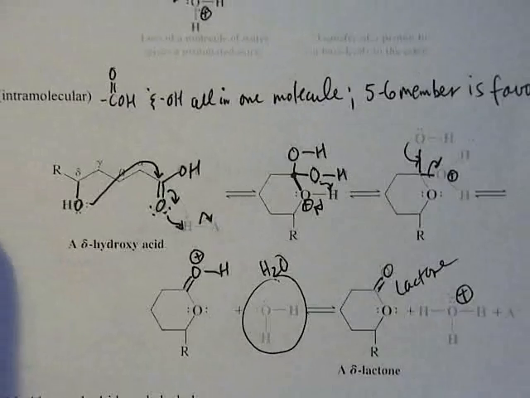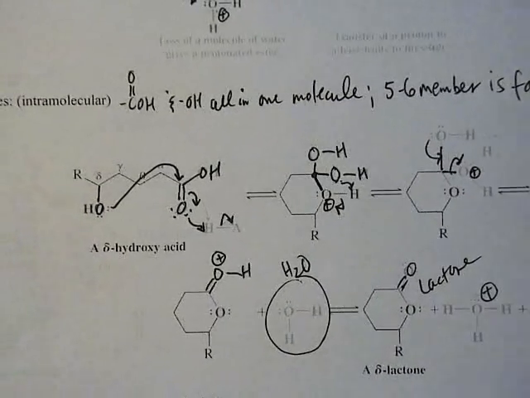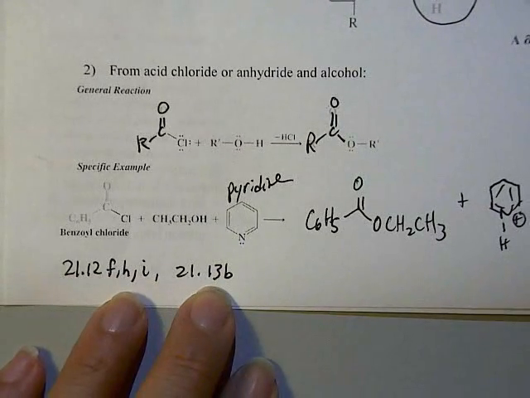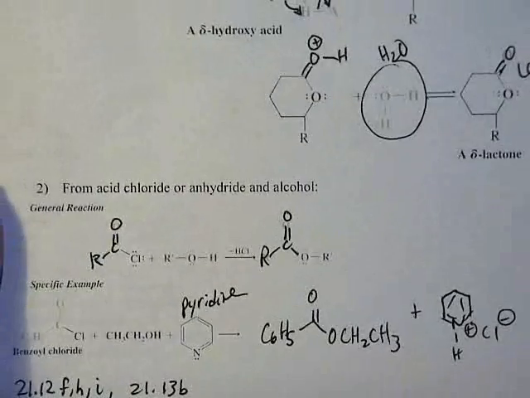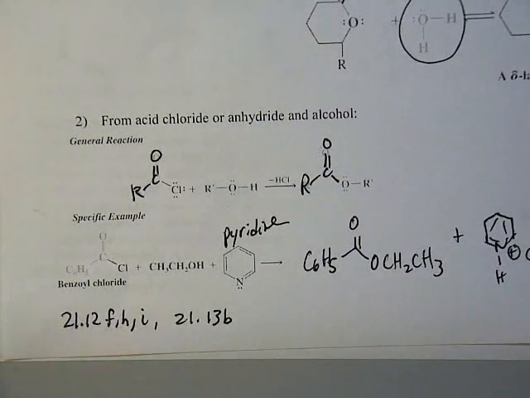So same chemistry, it's just within the same molecule, right? So at this point you should be able to do these naming problems, and also a couple of the problems here. So make sure you do 12.12 F, H, I and then 12.13B. All right.